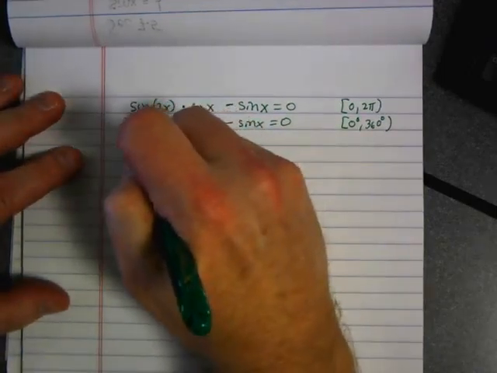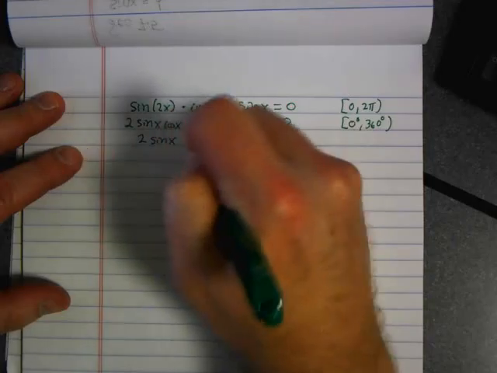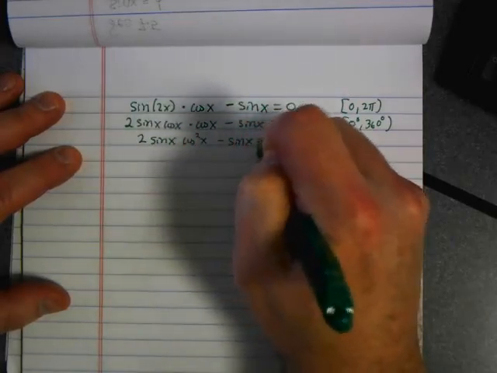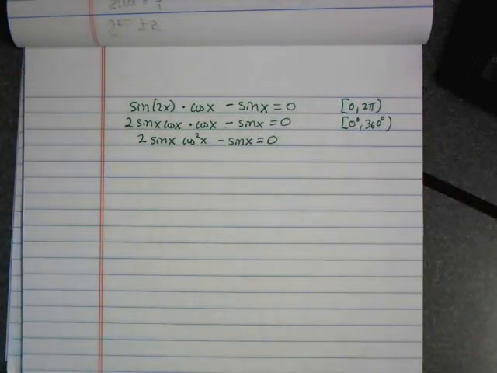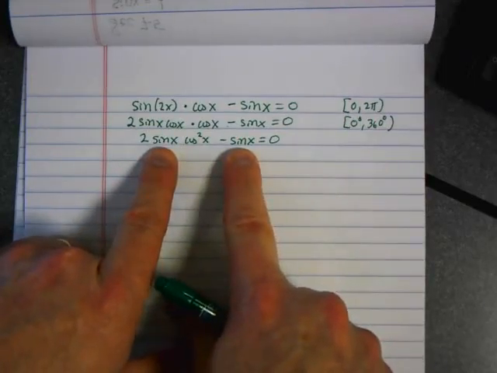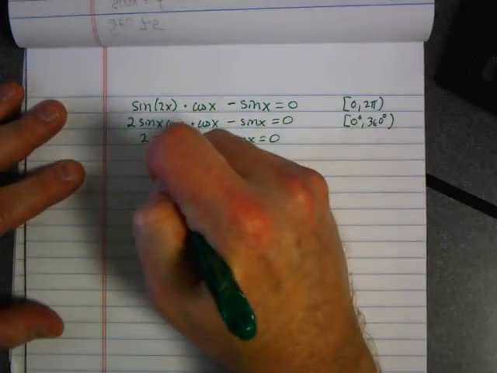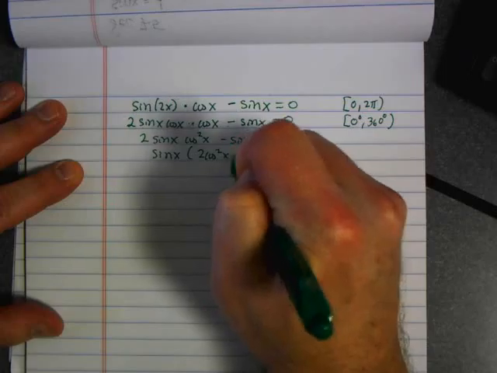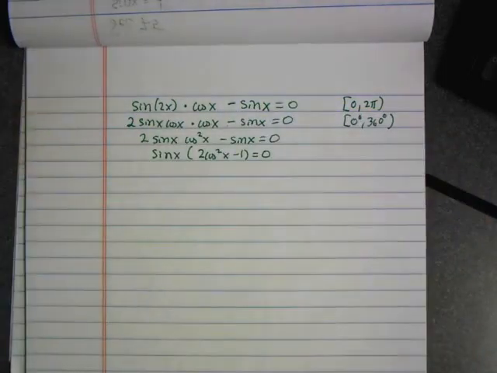All right, so I can write this as 2 sine x cosine squared x minus sine x equals 0. Factor, excellent. Factor out a sine x so that way you have sine x on the outside and then 2 cosine squared x minus 1. Perfect. Notice there's a sine in common in both of these terms. We factor out a sine x, and then we have 2 cosine squared x minus 1 equals 0. And how does that help?